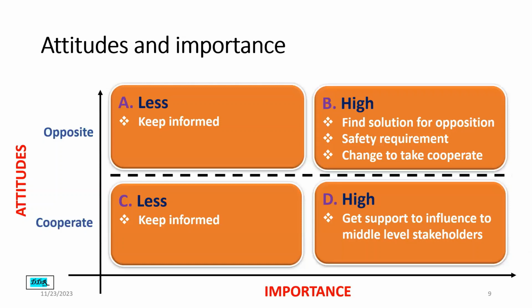So we can find solutions for the opposition and take security measures, and change things to gain their support or cooperation. And groups in category C have less cooperation and less importance. And the people or groups in category D have high cooperation and high importance. So we can obtain support to influence our project.